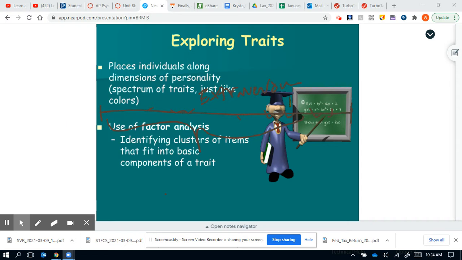They identify these traits by the use of factor analysis, something we've talked about before, right?